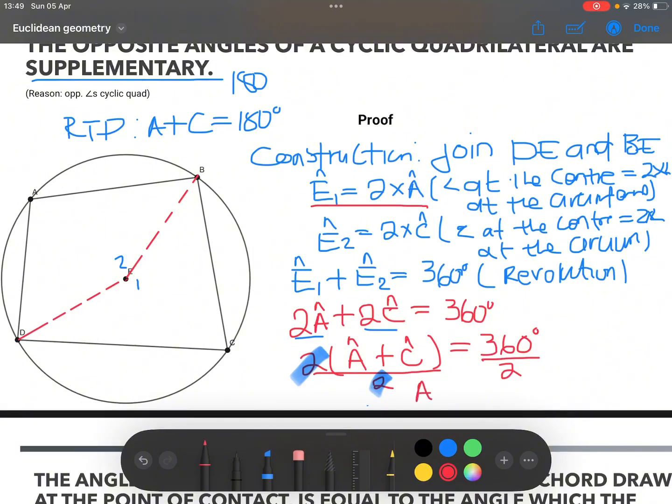And then we'll remain with angle A plus angle C, which is equal to 360 degrees. So now we have proven that if we take this angle and this angle and add them, we're going to get 360.